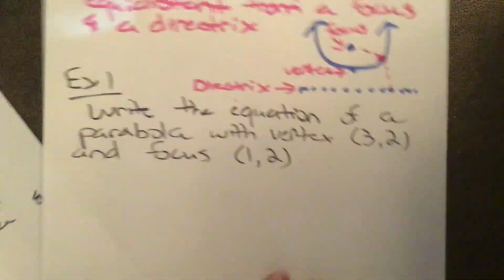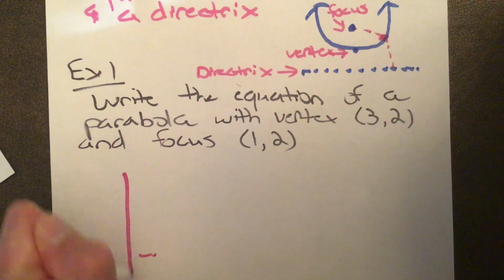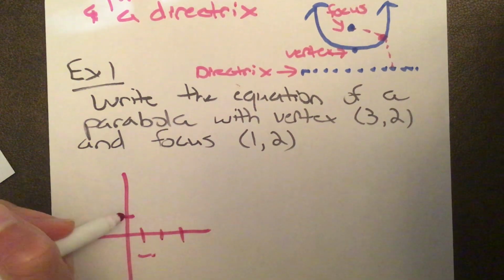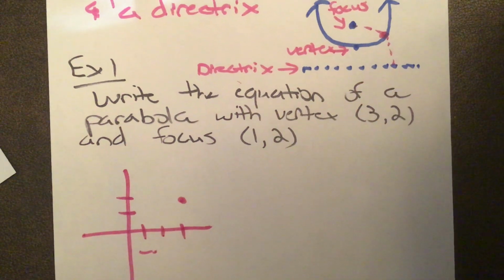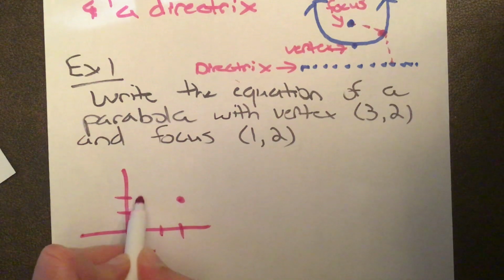So our first example says to write the equation of a parabola with a vertex at 3, 2 and a focus at 1, 2. Okay, so the first thing I'm going to do is just draw a quick sketch of what this would look like. The vertex is at 3, 2. It doesn't have to be a perfect sketch. And the focus is at 1, 2.